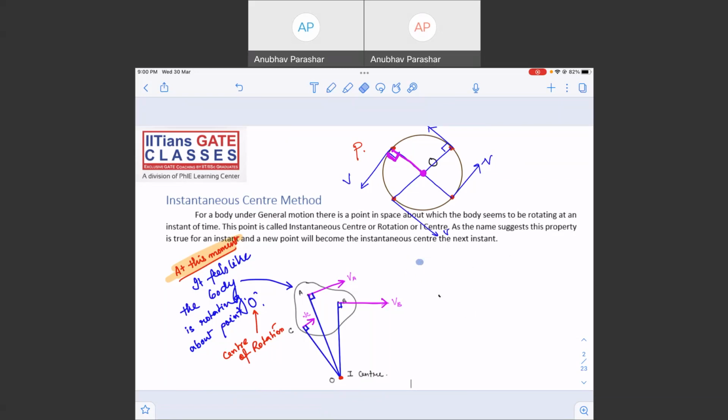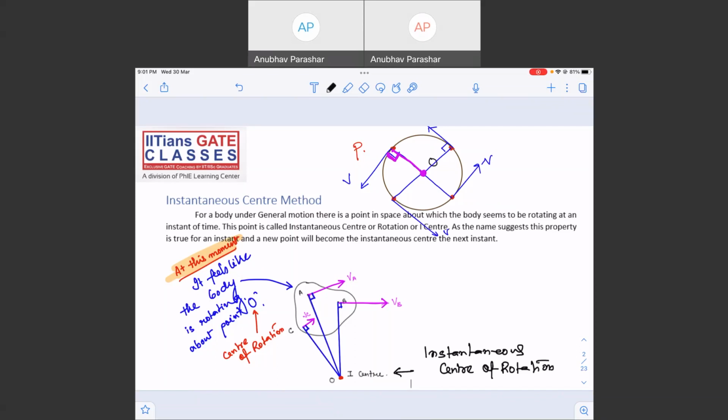But at this moment, what I can say is that this point O is the instantaneous center of rotation, as the name suggests. At this instant, this point O is the center of rotation.